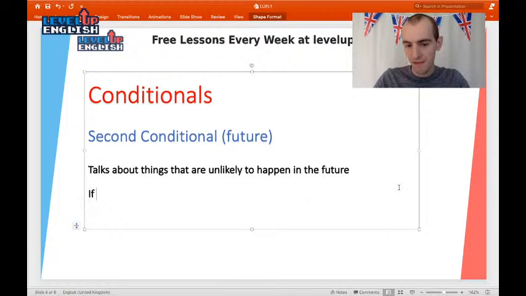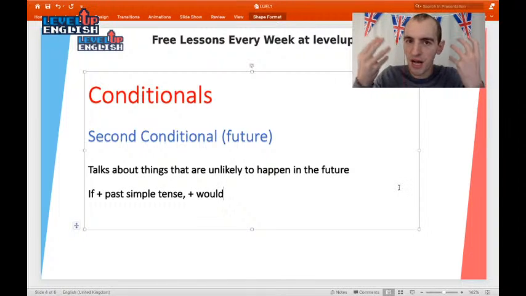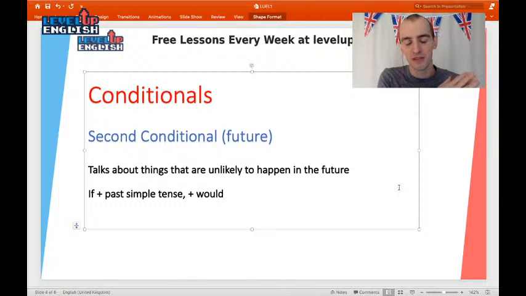So again, we'll say if, then we'll say past simple tense, then the comma. Then we say would. So again, this is off the cuff, so I have to remember myself. For example, if I studied harder, I could, so we could say would, could, or might, and then the rest of the sentence.